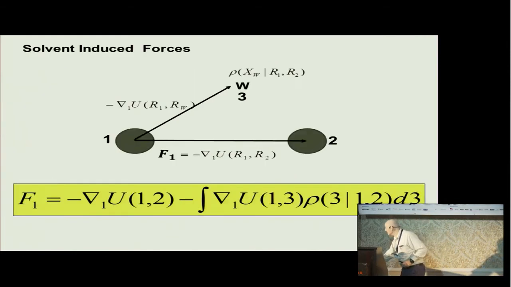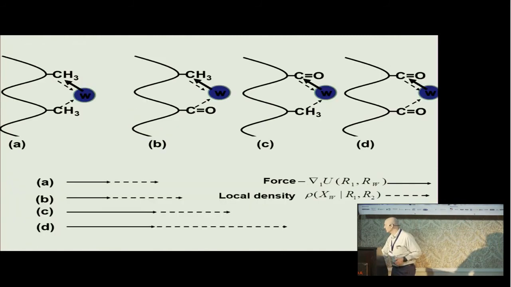Remember, we had 2 terms here. We had the force, the direct force between a water molecule and 1, and we have the concentration of the water molecules given the condition that we have 1 at 2 at some specific location and orientation.